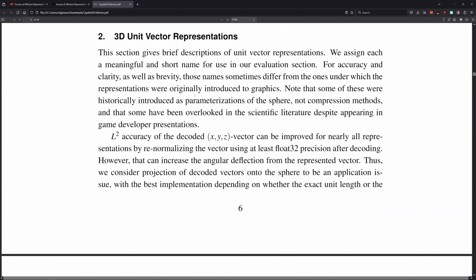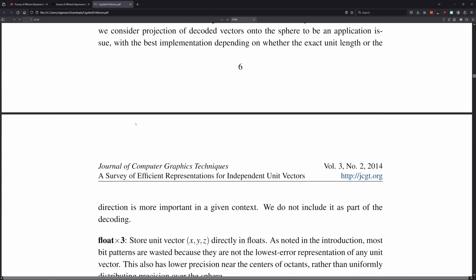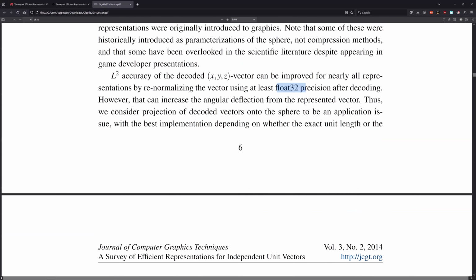Finally getting to the representations. Renormalizing the vector using at least float 32 precision after decoding.